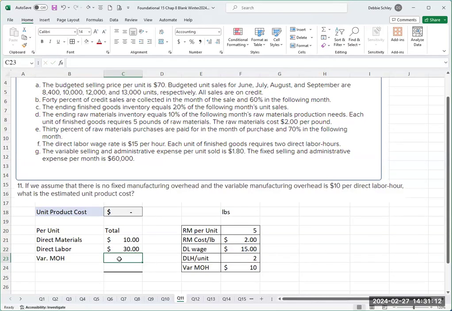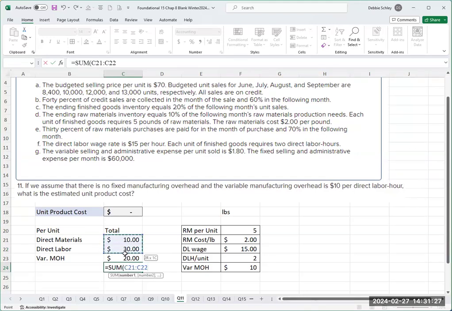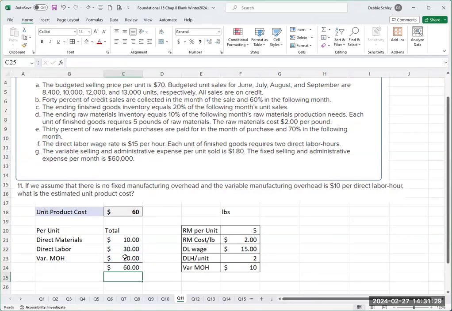And then my variable manufacturing overhead, they told me was $10, and it's based on direct labor hours. So that's $20 for 2 hours per unit. So add those up and I get $60 unit product cost.